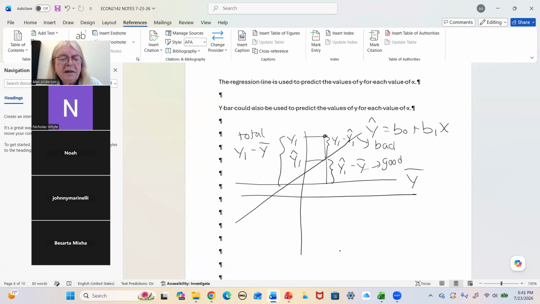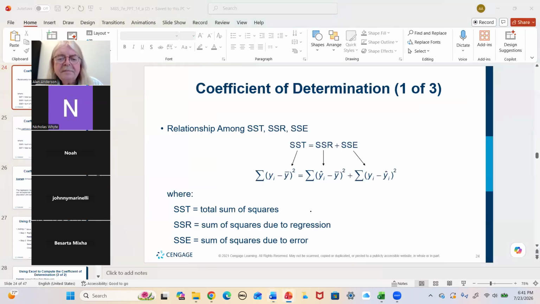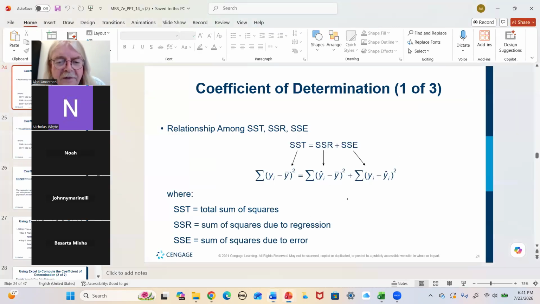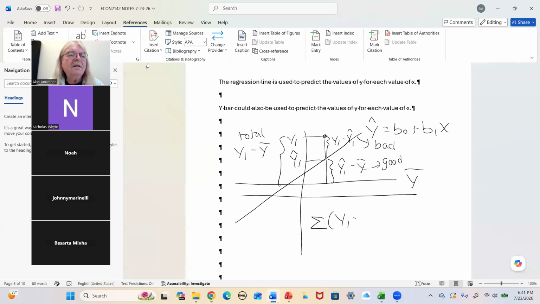So they have created this R squared measure by doing the following. Instead of just having these terms we see here, we're going to take the sum of the squares. Also, we're going to have to change the subscript from 1 to i to indicate this is true for all of the points.